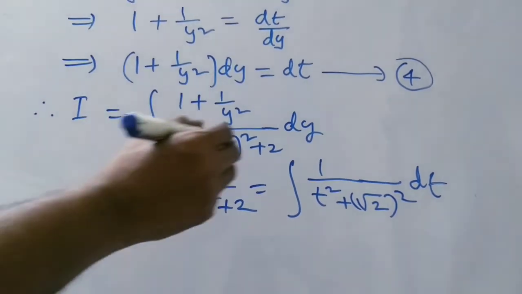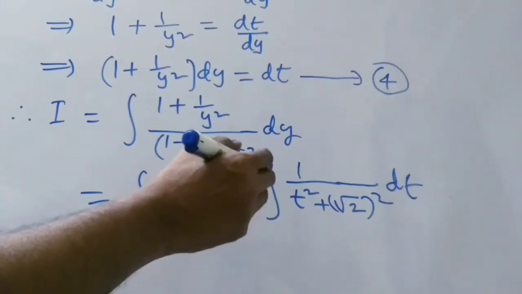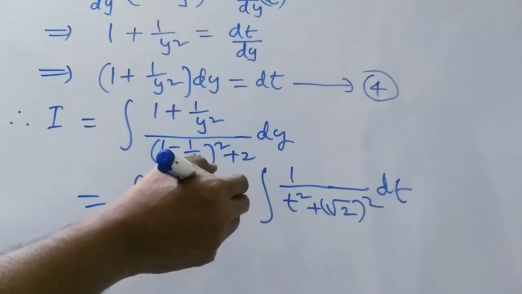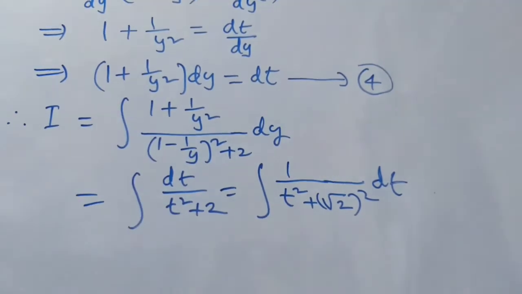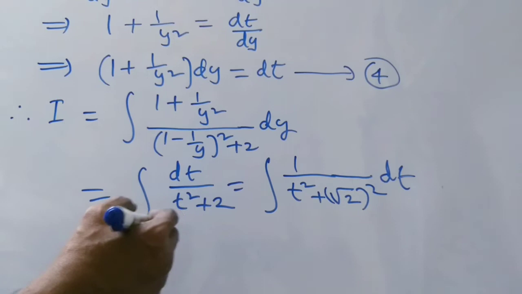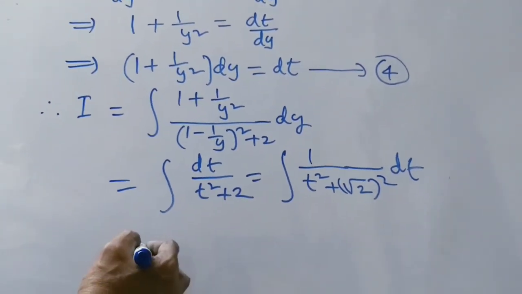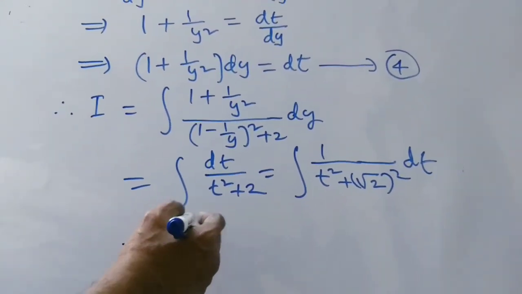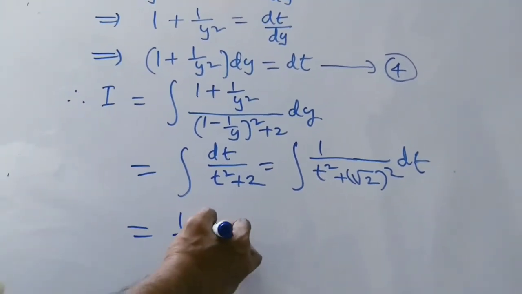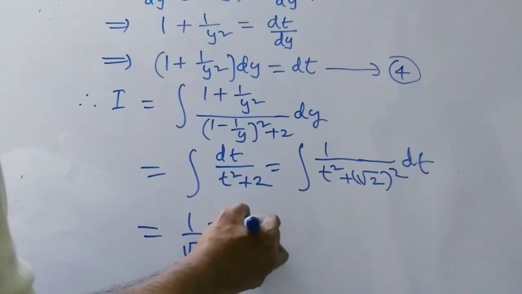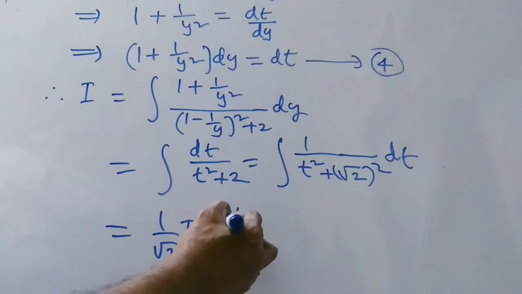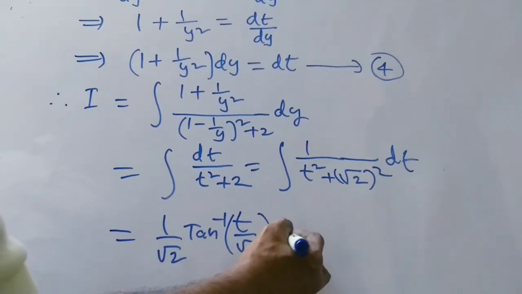The formula is integral of 1 by a square plus x square dx equals 1 by a tan inverse of x by a. Applying that formula here, we get 1 by root 2 tan inverse of t by root 2 plus c.